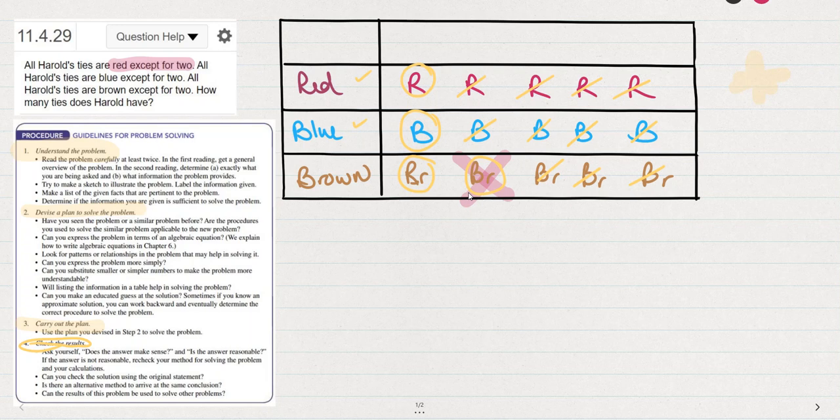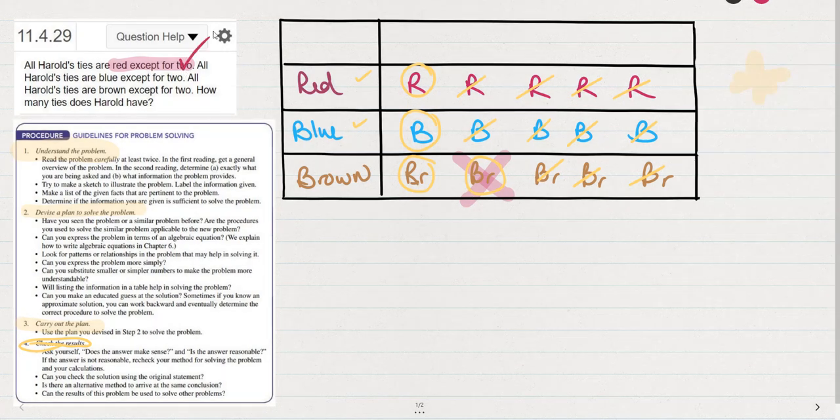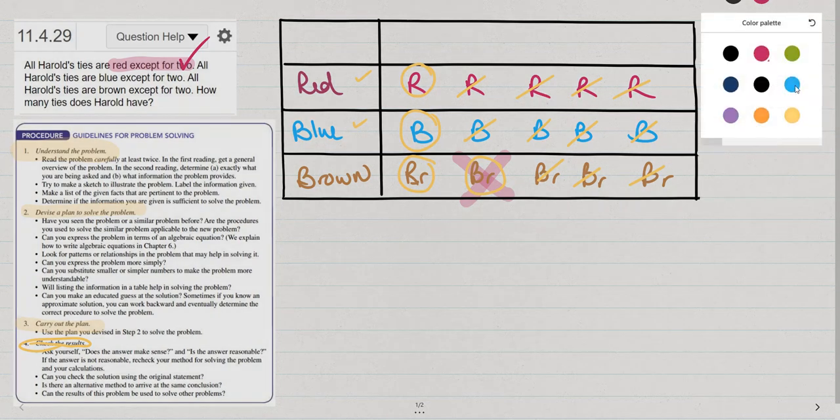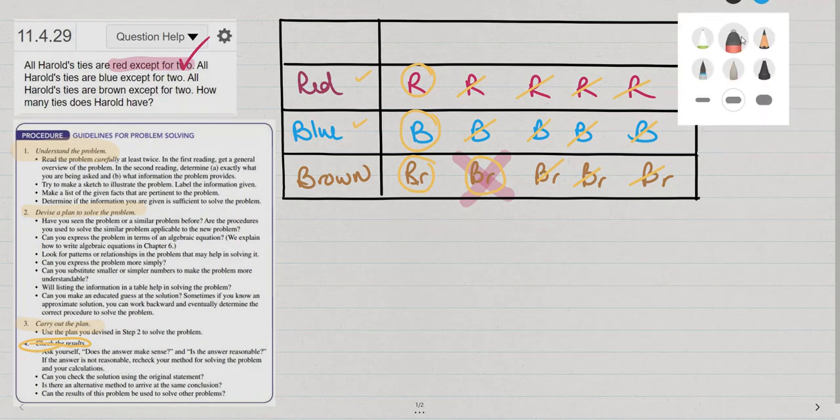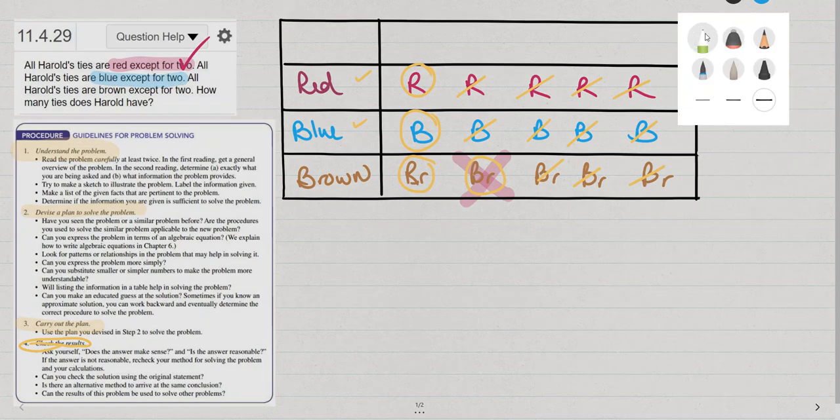All his ties are red except for 2. Yes, that qualification is met. All his ties are blue except for 2. Yes, I can see that except for his blue tie, there's only 2 others.